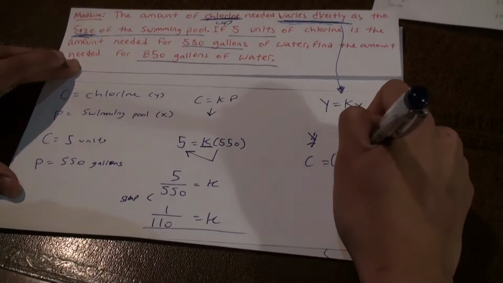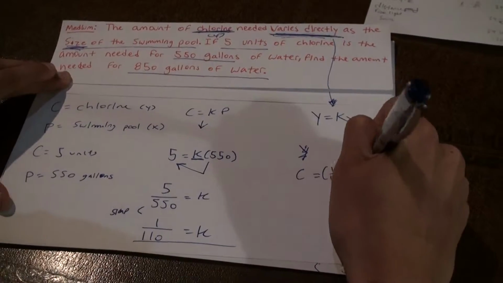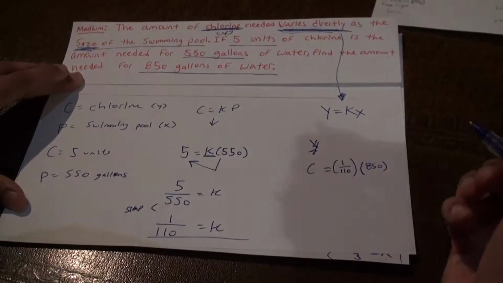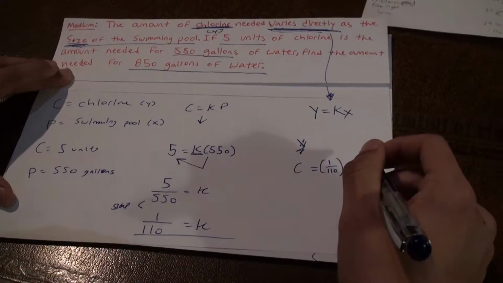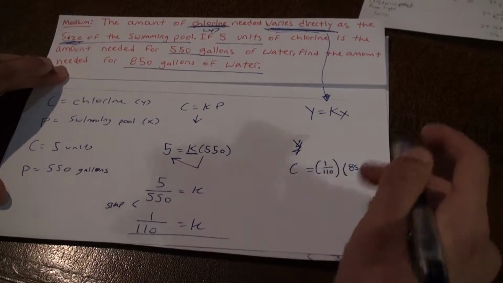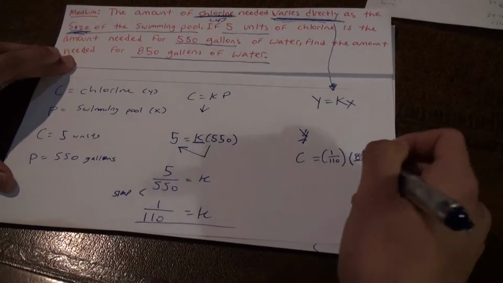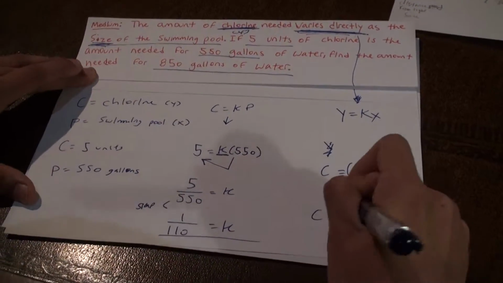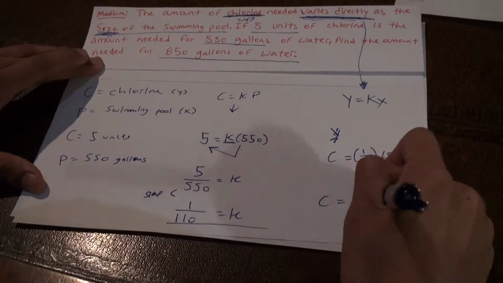So put 850 right here, and you multiply these. The way you can multiply a fraction by a whole number is you put it like this, and so it'd be C equals 850 over 110.